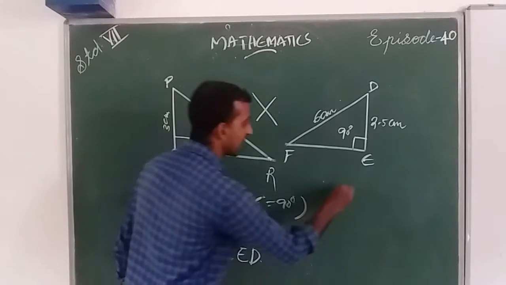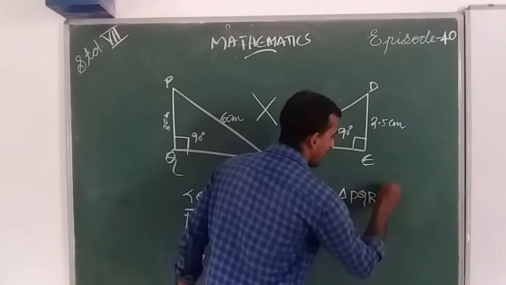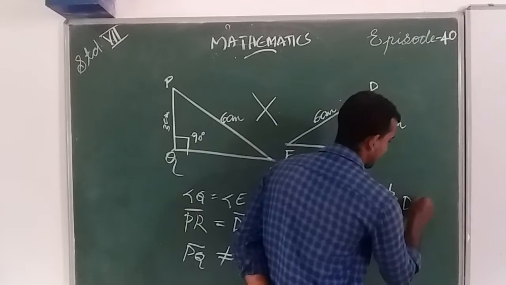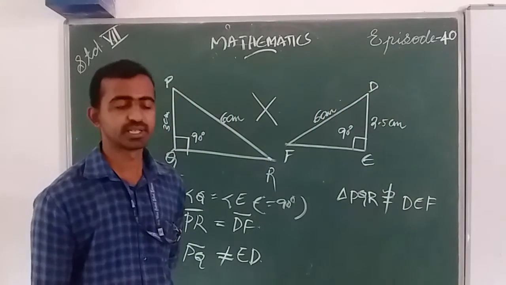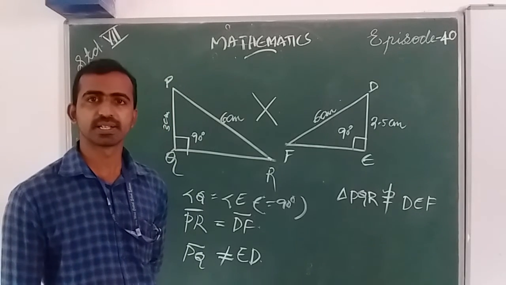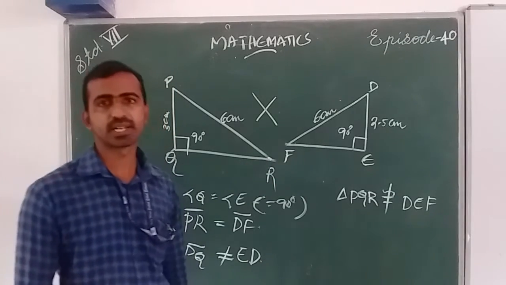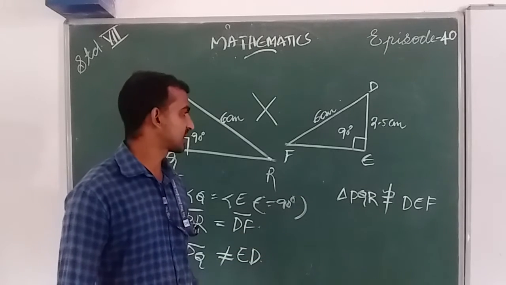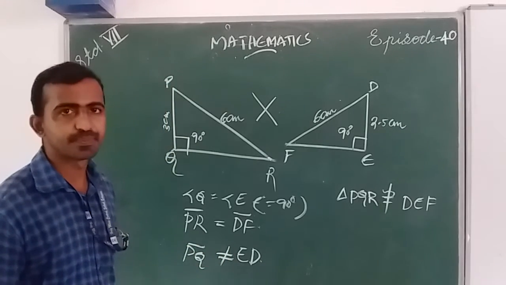That is, triangle PQR is not congruent to triangle DEF. This is not congruent by the RHS, right angle congruence rule. What is the reason?